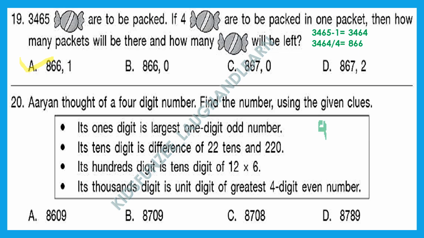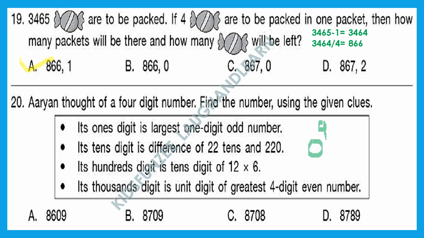Now let's see the second one. Its 10's digit is the difference of 22 tens and 220. Very easy. 22 tens is 220, right? And the difference of 220 minus 220 is 0. So we got the 10's digit also.